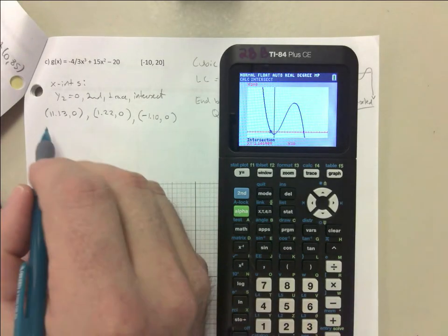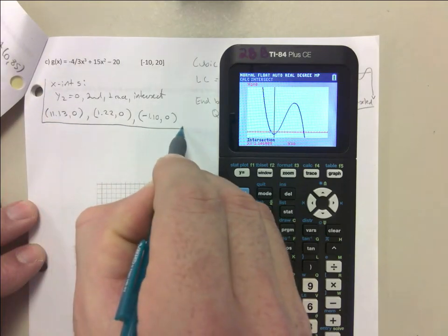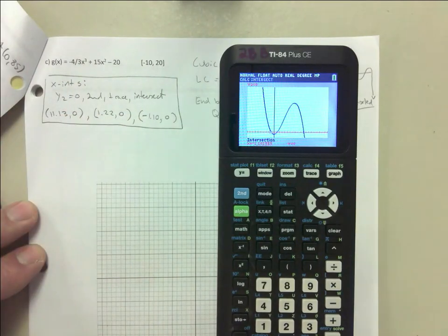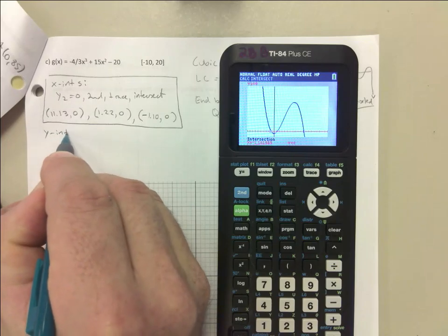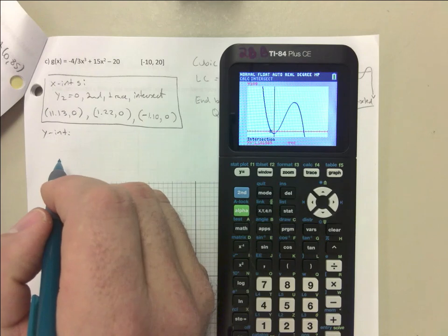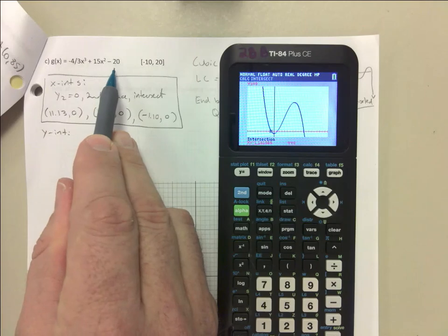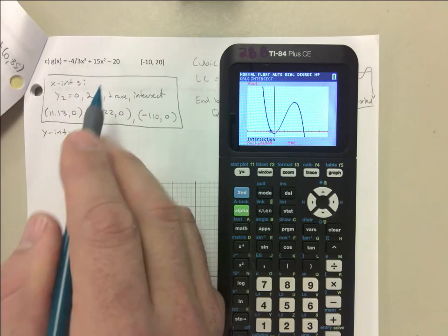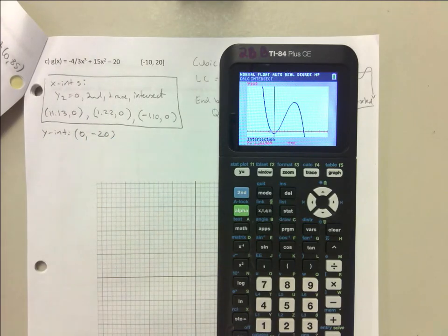Now I'm going to do the y-intercept. So I'm going to box this in to kind of just collect my info. Y-intercept, do I need my calculator for it? I technically don't. It is negative 20. It is the constant at the end. But let's say you forget that. You're blanking out.